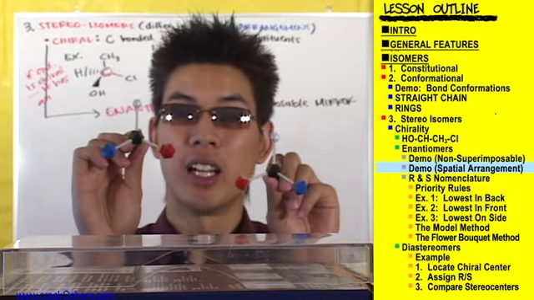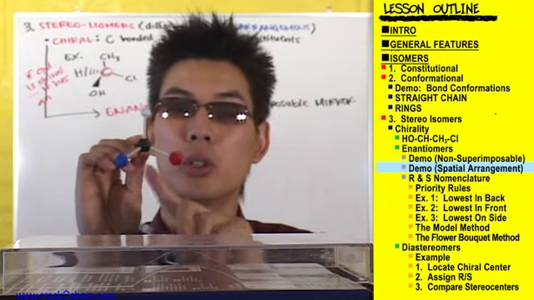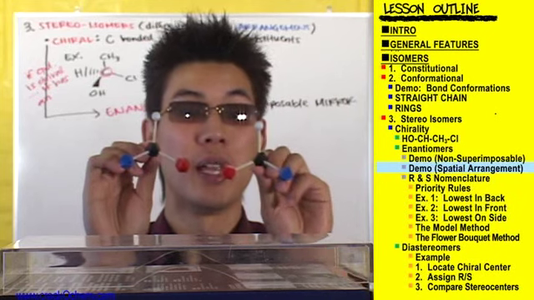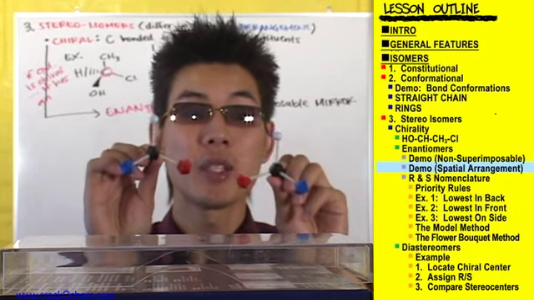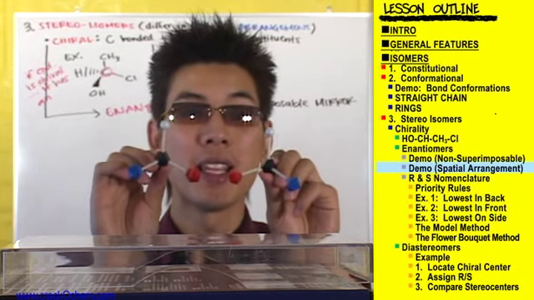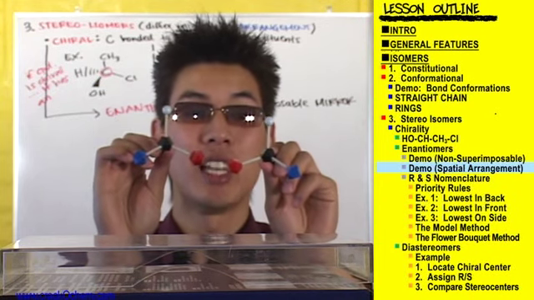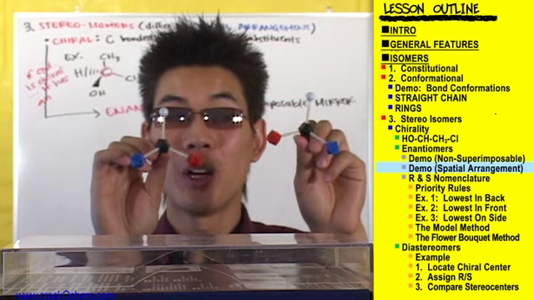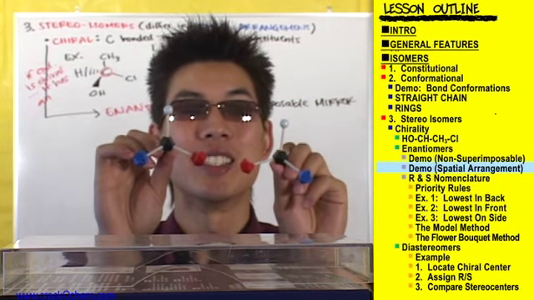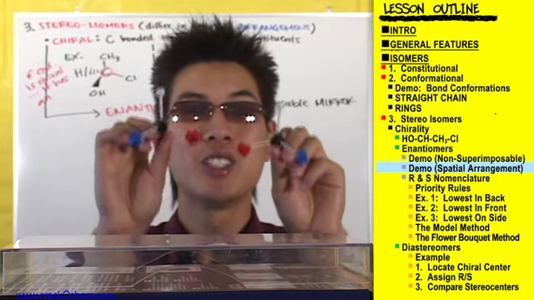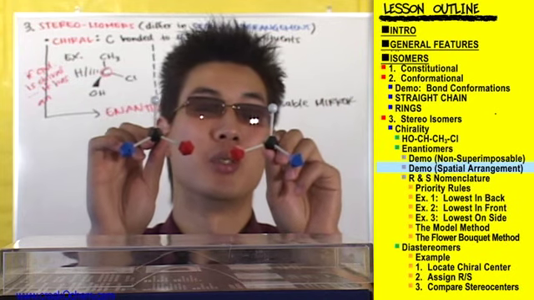This compound, on the other hand, goes from red to white to blue in a counterclockwise formation. So these compounds' atoms have different arrangements in space, and we call them enantiomers because they have the exact opposite orientations in space. One is clockwise, the other is counterclockwise, and this causes them to be non-superimposable mirror images of one another, okay?